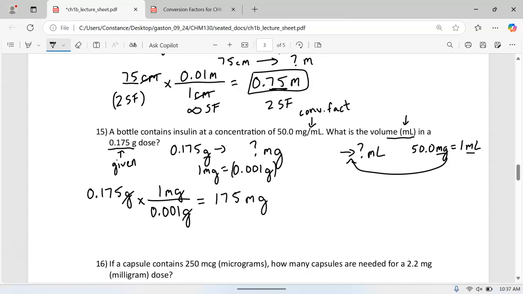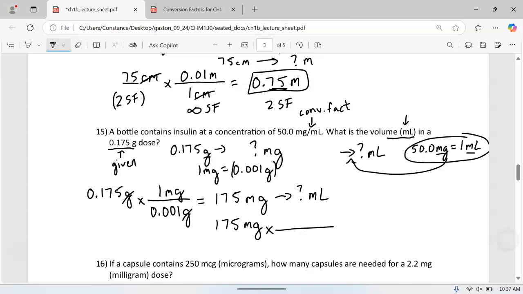Now, the next step, I need to convert those milligrams and figure out how many milliliters that is, using that conversion factor that was given in the question. Okay, so again, I start back up with that 175 milligrams, multiply by a conversion factor, and then I need my given units on the bottom. That's what I'm starting with.